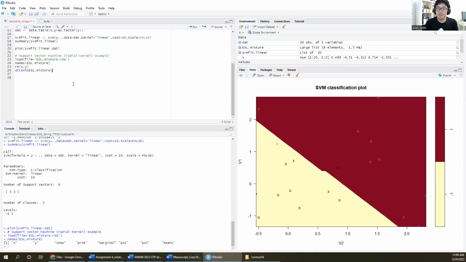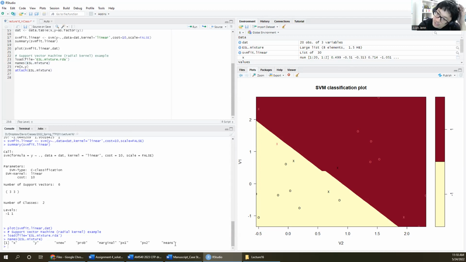I'm doing this for simplicity. Names tells me the object names in ESL mixture. And what I'm going to do is I just want to attach all of those to my working space.